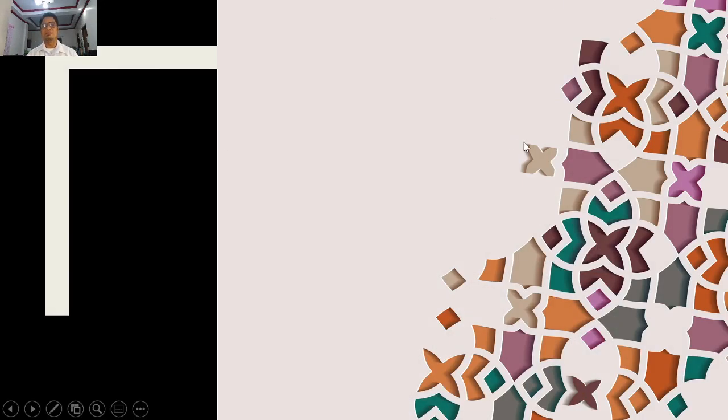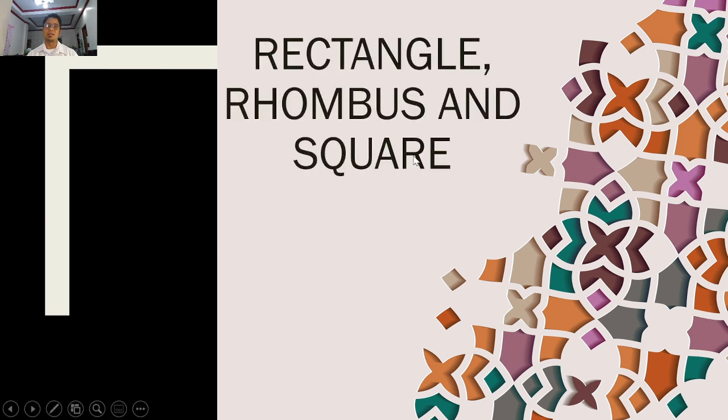So as I have mentioned, this is the continuation of the discussion that we have last week. And last week, we talked about quadrilateral, specifically the parallelogram. In this topic, we will be discussing rectangle, rhombus, and square.